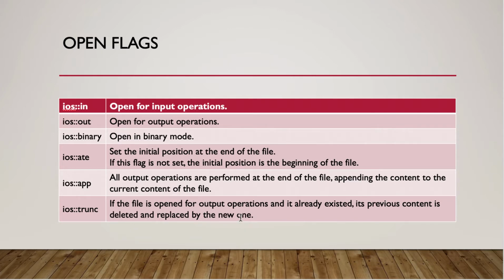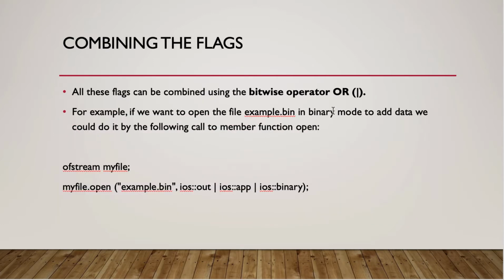So it is very crucial to understand what each one of these flags is going to do for you and go from there. Remember, all these flags can be combined using the bitwise operator, and therefore you can add some flags together and take advantage of all of them.